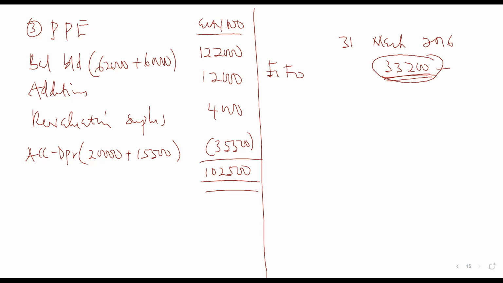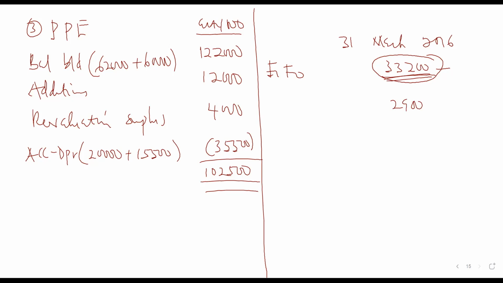Let's come to 31st March 2017. What is the difference between the FIFO and the weighted average figure there? What is the difference between them? 31st March. I'm getting 2,900. Yeah, 3,200. Okay, if you find the difference, it is 2,900.